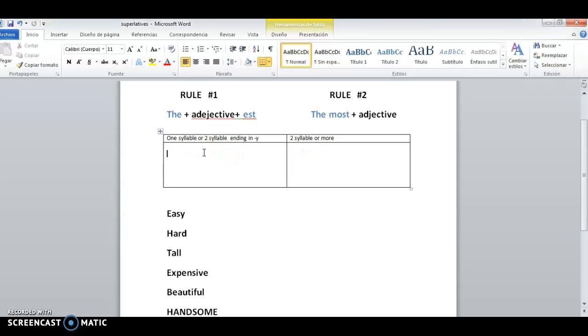So if I want to say in English, el más fácil, okay, I have to say the word easy, it has a Y, and replace it with IEST. So even though in Spanish we use the word more or most, in English it is not always that case. The easiest, el más fácil, lo más fácil.